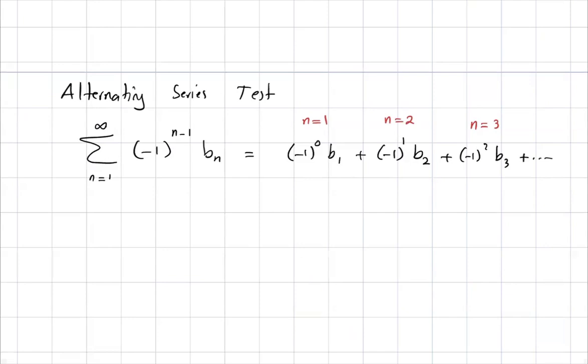So what do you see? This series can be written by its terms as b1 minus b2 plus b3 minus b4 and the rest of the terms.